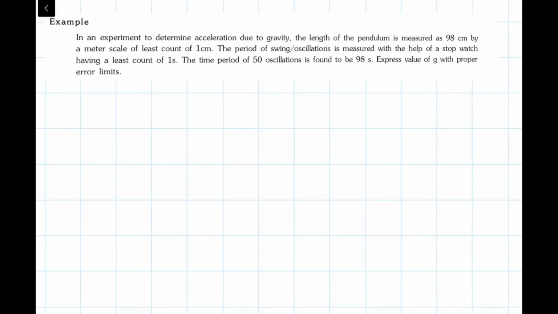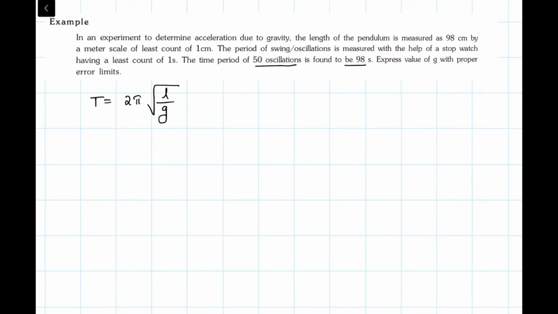So in this question we have to calculate the value of acceleration due to gravity with proper error limits. First of all, we should know the formula of the time period of a simple pendulum: T equals 2 pi root of L by g. Now, the time period of 50 oscillations is given as 98 seconds.